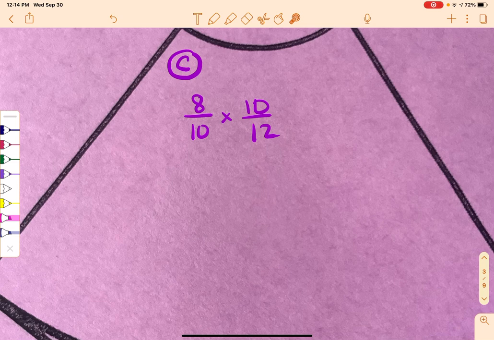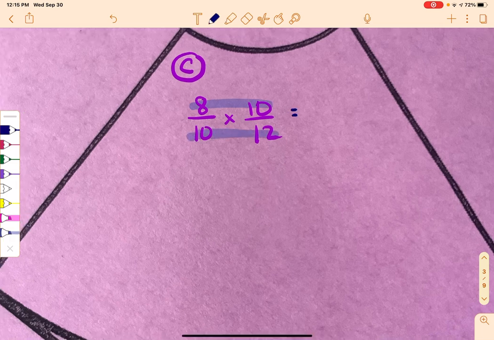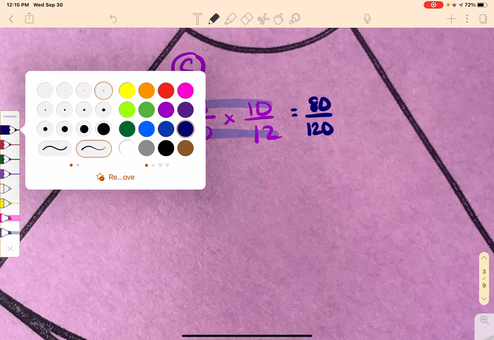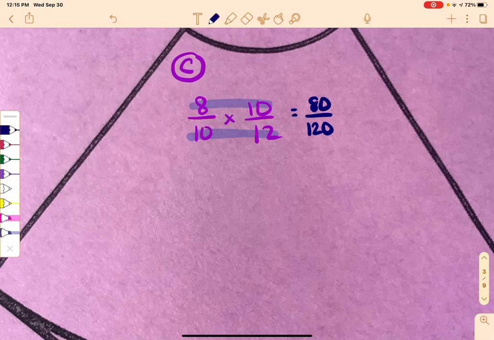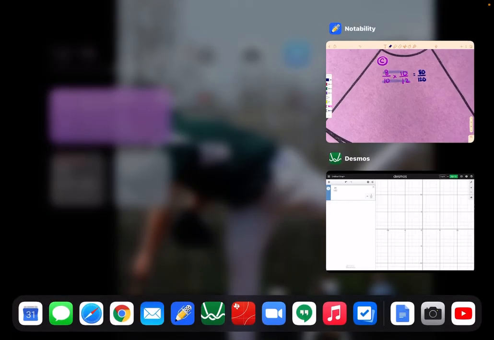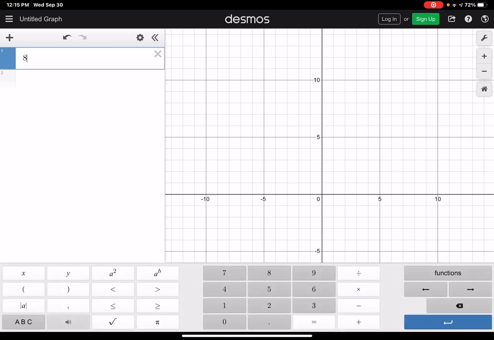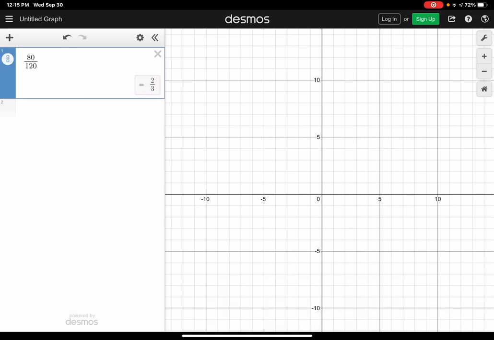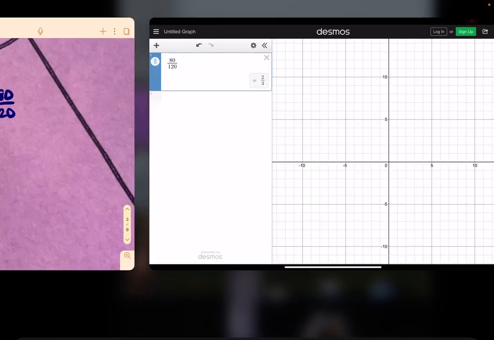Good news again, both are completely in fraction form, so we're going to start by multiplying across. 8 times 10 is 80. 10 times 12 is 120. So we're going to put that into decimals to see if we can reduce. 80 over 120 reduces down to 2 over 3.